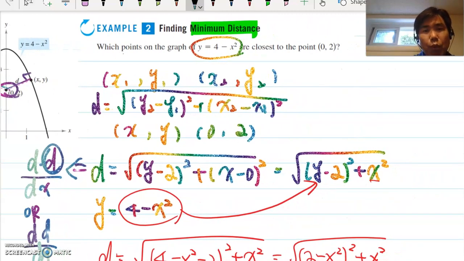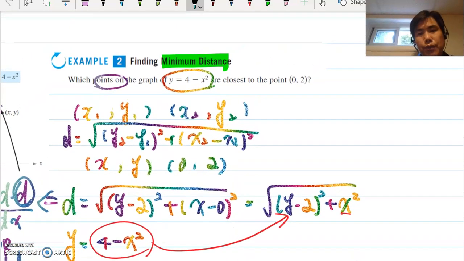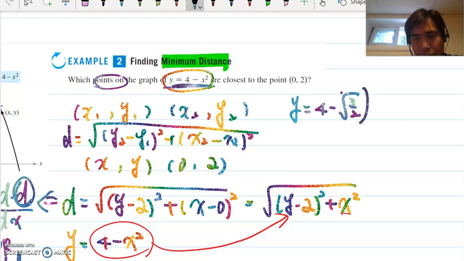Okay, then now what do we want to find out? We want to find the points. So far we found two different x values, which are root 3 over 2 and negative root 3 over 2. So you plug those values into this function. Okay, then y equals 4 minus root 3 over 2 squared, then 4 minus 3 over 2, which is 8 over 2 minus 3 over 2, so 5 over 2.